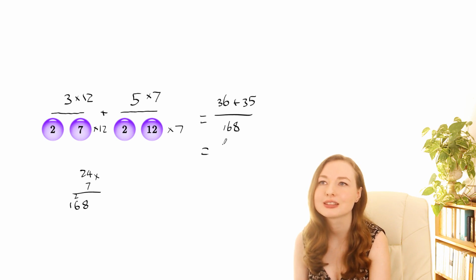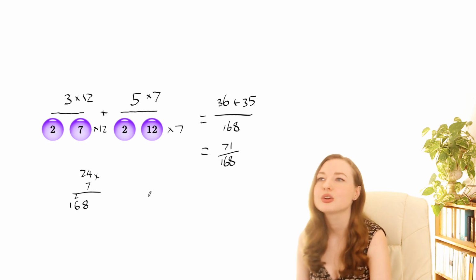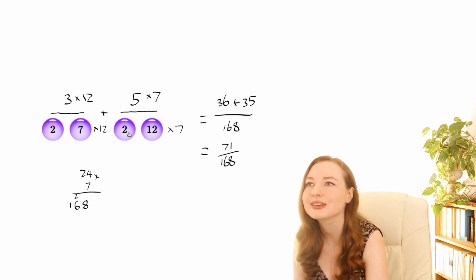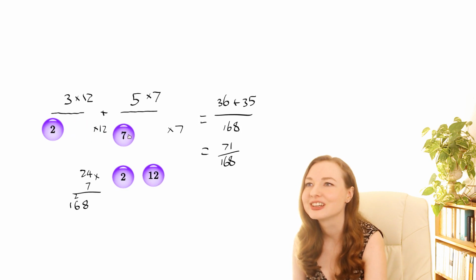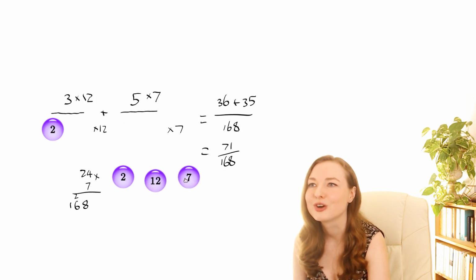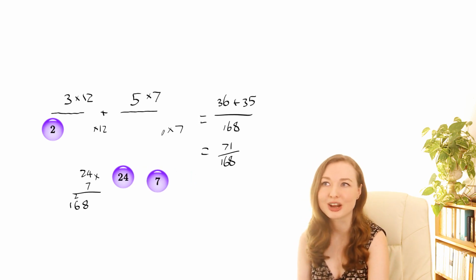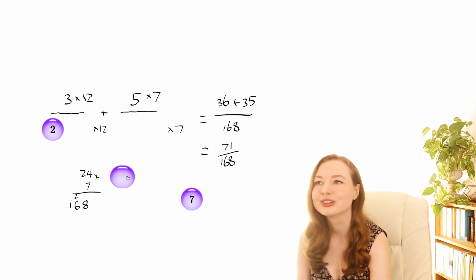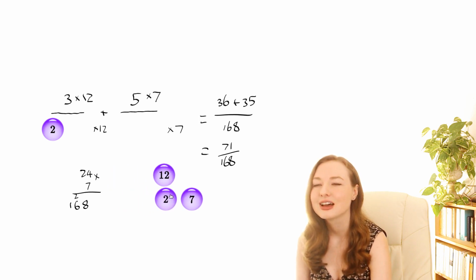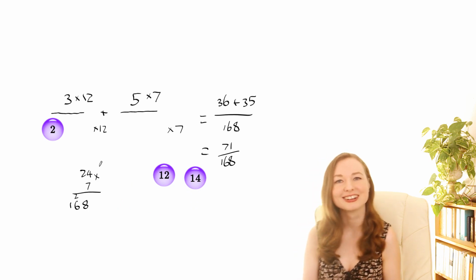So that gives us 71 over 168. I know that these are the same thing because you can imagine you've got 2 by 12 by 7. You can express that as 24 times 7, which was what I had here, or you can think of it as 12 times 14, which is what I had there.